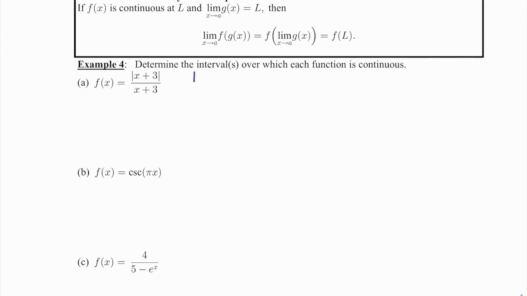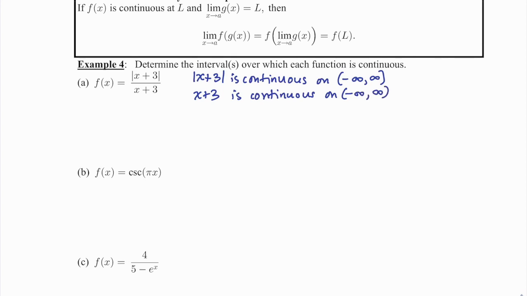So we can say this function is continuous on the interval from -infinity to infinity, and x plus 3 is also continuous on that same interval. So the quotient is continuous as long as the denominator is not 0.